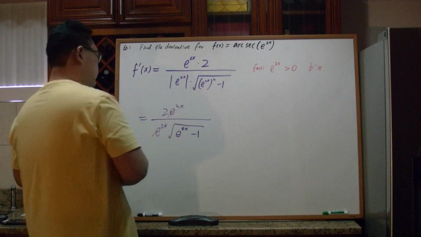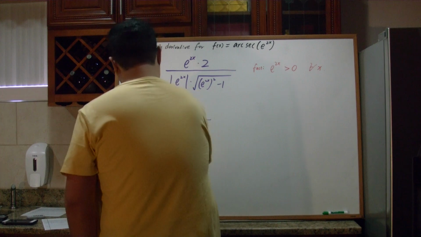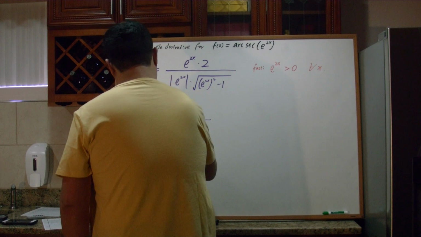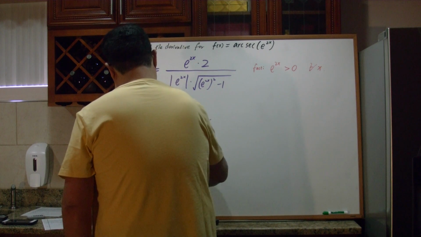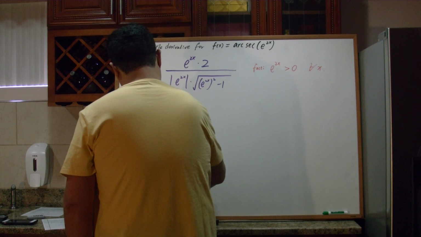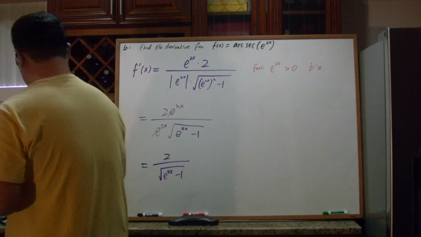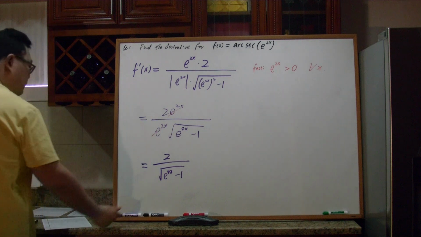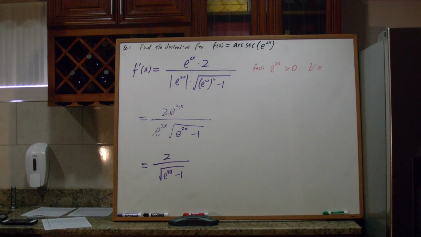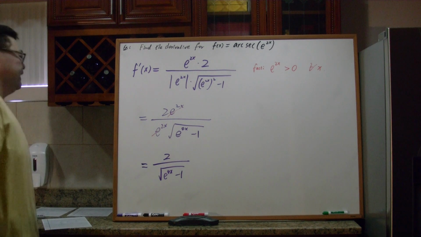I reduce the e to the 2x. Therefore, our derivative will be just 2 over the square root of e to the 4x minus 1. Right, that is the derivative.